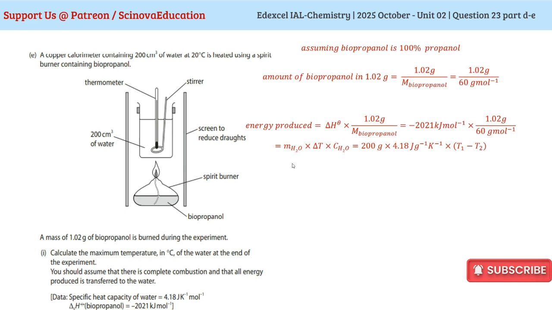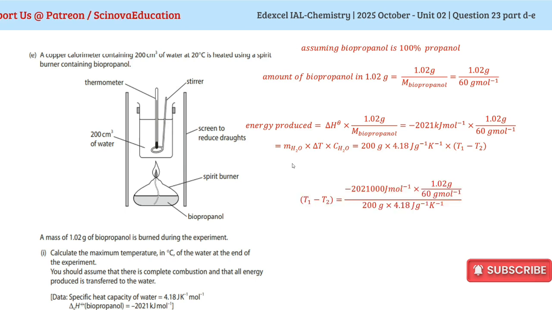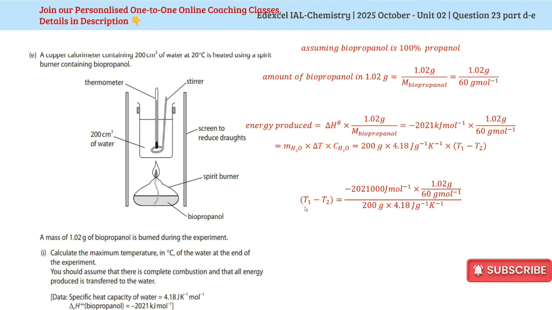Then I'm going to apply the values. In that case, I'm finally ending up with the equation T1 minus T2, that is delta T, equals minus, I have converted the kilojoules per mole value, the molar enthalpy value, into joules per mole for convenience. So the units cancel off, and when I simplify this equation, I'm getting the delta T value as minus 41.09.